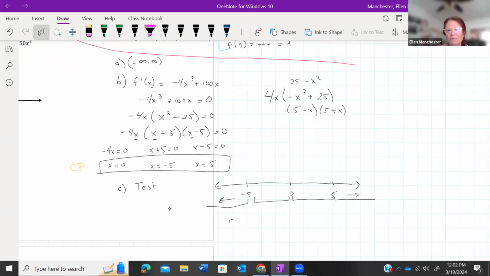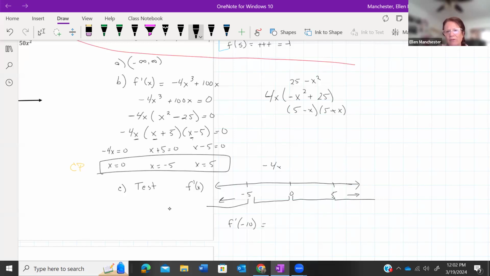Okay, so here we go. And this is our derivative. We're looking for what our derivative is doing. So if I want a value less than negative 5, I can go negative 10. Doesn't matter. I can pick whatever I want as long as it's in that interval. So here we go. I have to place that in 3 different places, right?